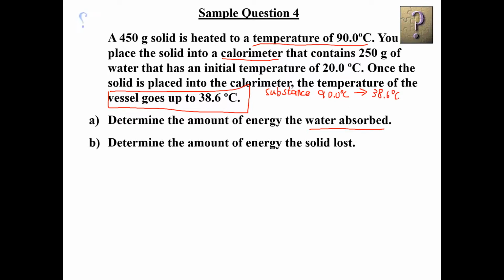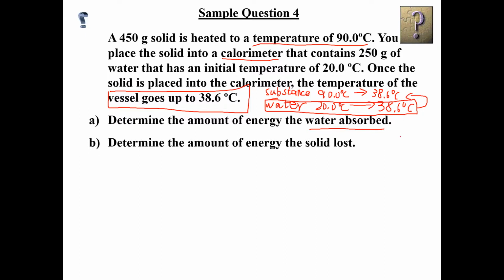It will cool down, right? And the water in the calorimeter went from 20 up to 38.6 degrees Celsius. This we can calculate. That's A. If we know this, I'll give you a hint.